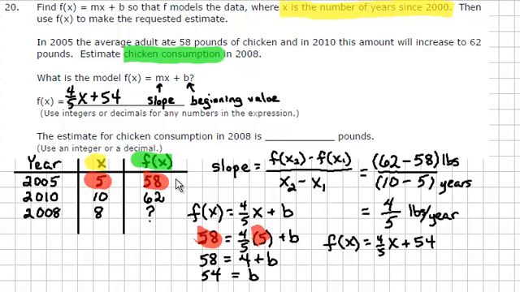Alright, the last thing that we're asked to do is to estimate the chicken consumption in 2008. Well, in 2008, the x value is 8. So what we're going to do is to substitute 8 for the x in our function. So f of 8 is equal to 4/5 multiplied by 8 plus 54.